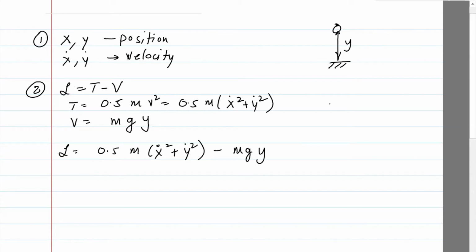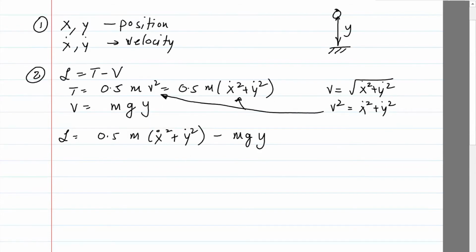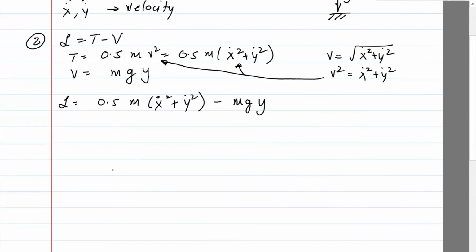That's because V is square root x dot square plus y dot square. And so V square is x dot square plus y dot square. And that's what I wrote down, used here. Okay, so once we get the Lagrangian, let's use the Euler Lagrange equation.